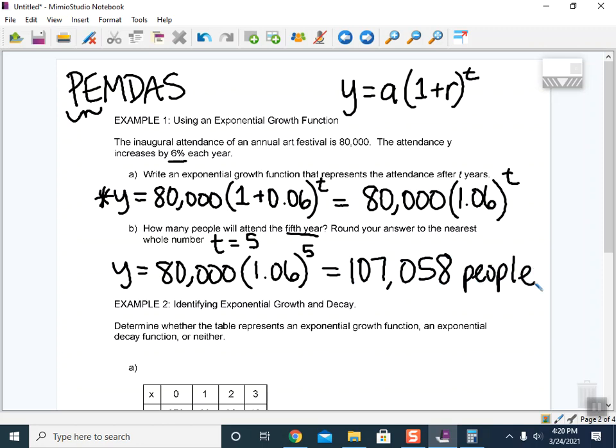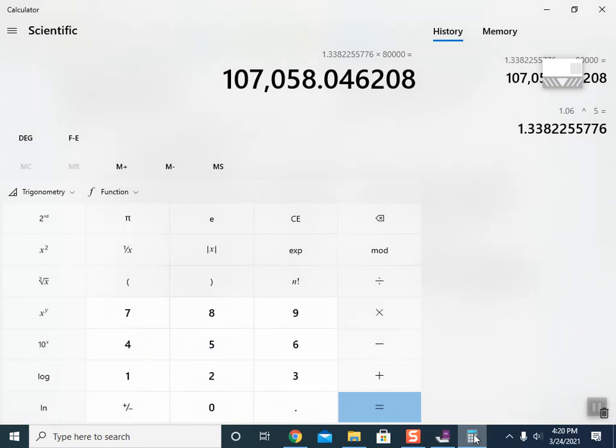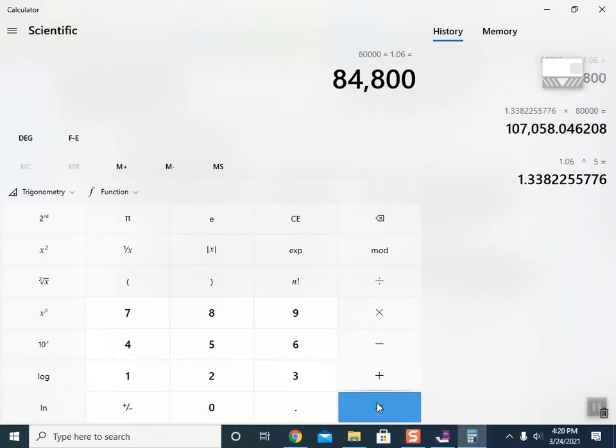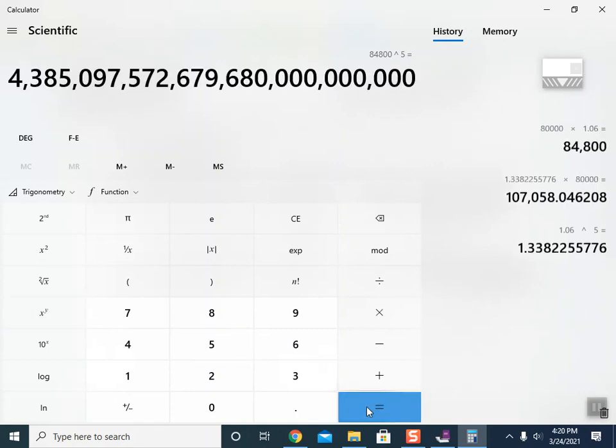If I had not done the exponent first, here's what people like to do. They like to do, let's clear this out, 80,000 times 1.06 and then raised to the 5th power.